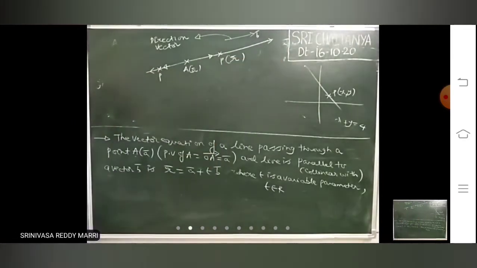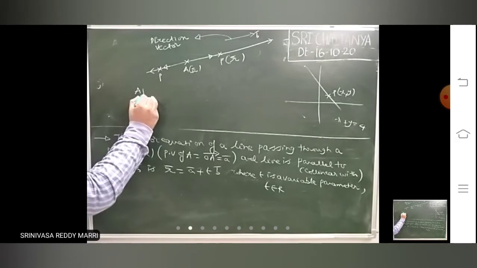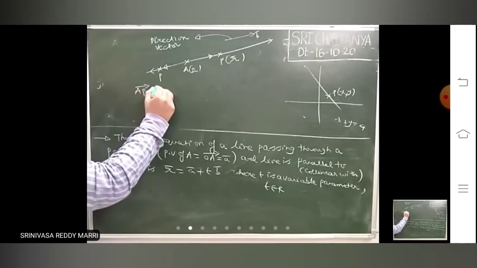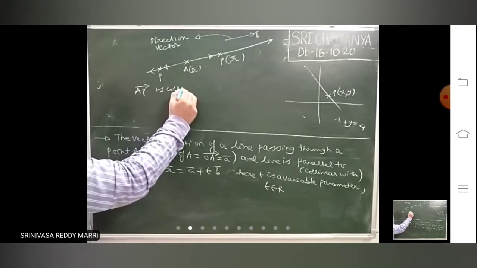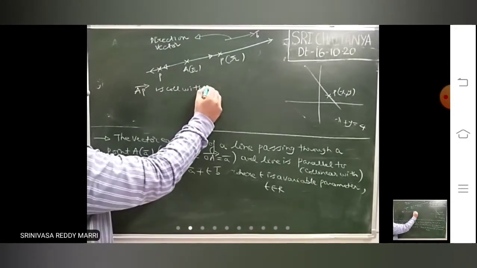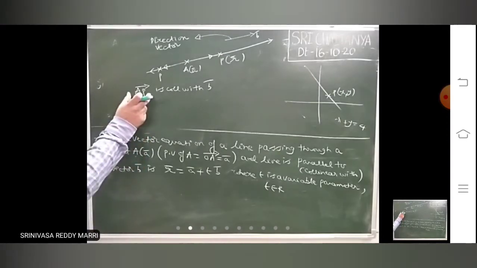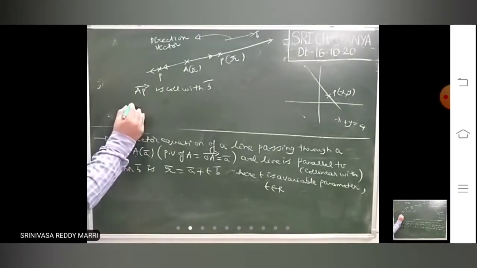On the line, if you take any point P, you can observe that AP bar is collinear with B bar. For any position of P, AP bar will have the same direction as B bar or the opposite direction. That means AP bar will be collinear with B bar.